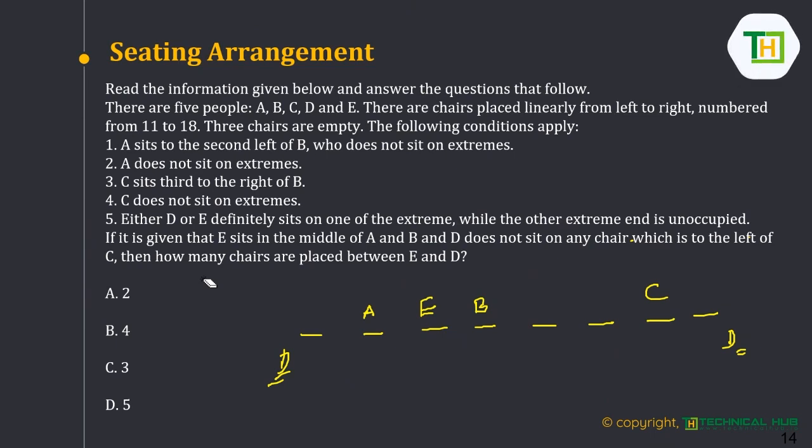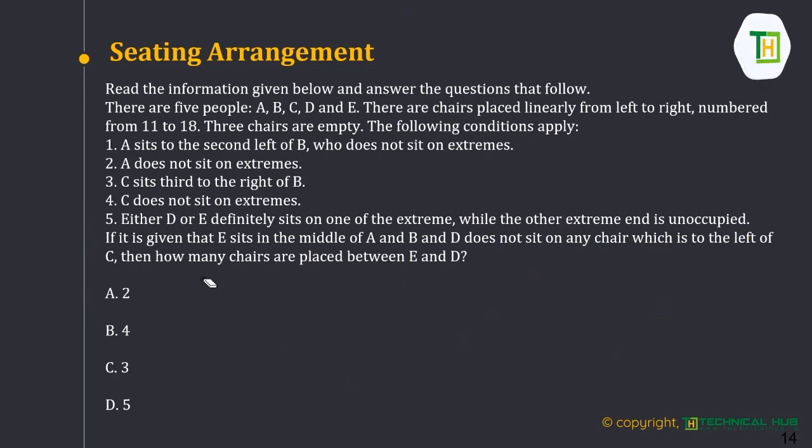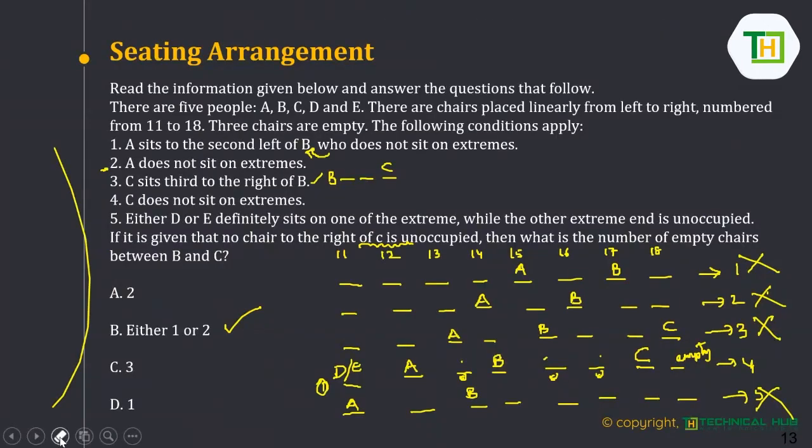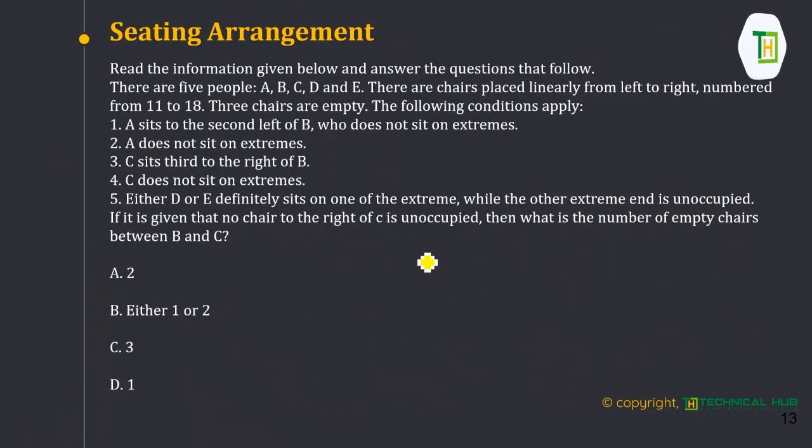Suppose this condition is added in this problem. So no chair to the right of C is unoccupied, so definitely D's position is here. That condition is not given, so D's position is supposedly in this place or in this place.